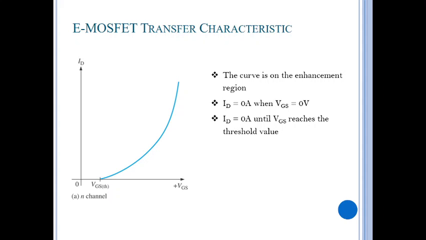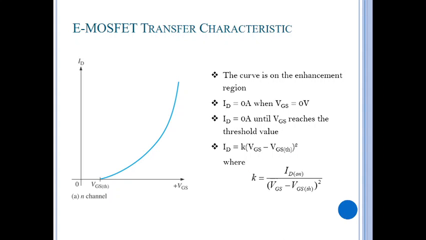Okay. As explained in the previous slide, the drain current is 0 when VGS is 0, and the drain current stays 0 until VGS reaches the threshold voltage. Above the threshold voltage, the drain current can be expressed by this equation: ID equals K times (VGS minus VGSTH) squared. What is K?